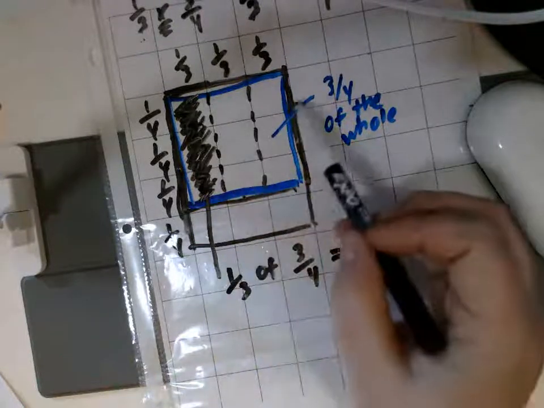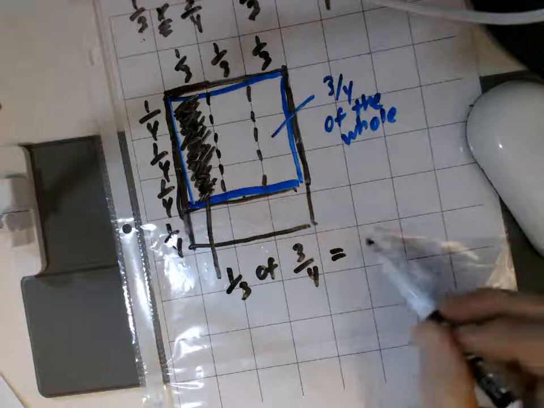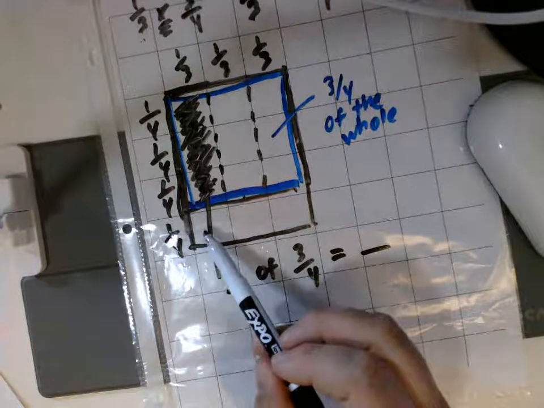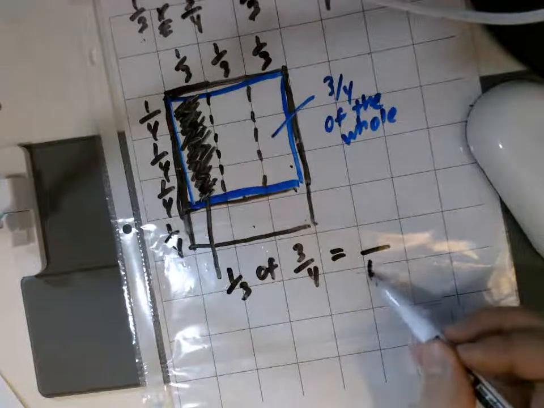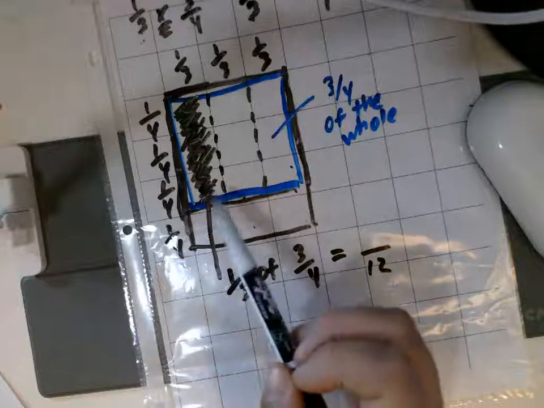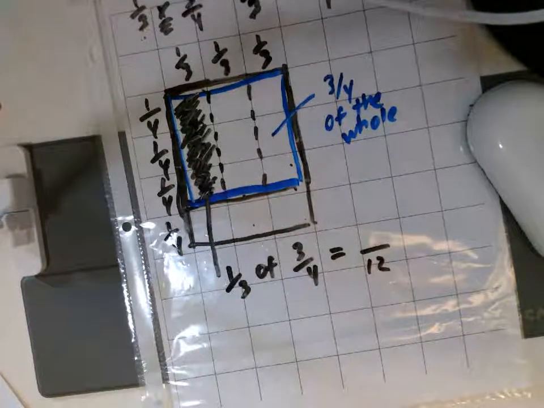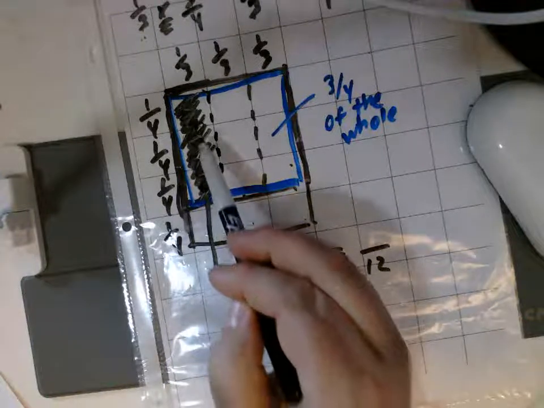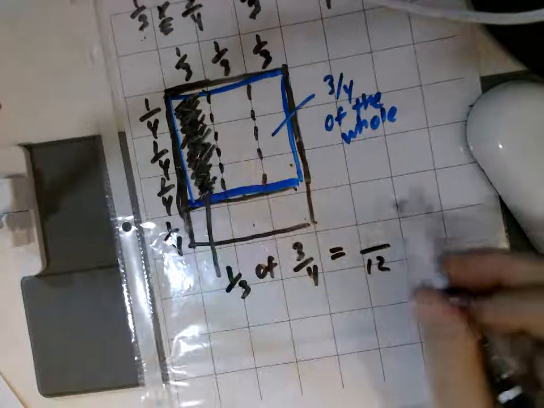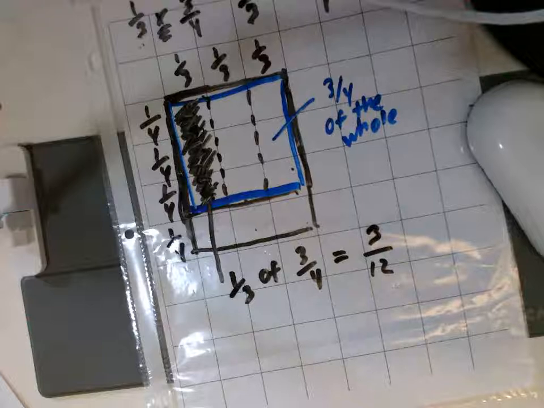First, how many squares are there in the whole? There's 1, 2, 3, 4, 5, 6, 7, 8, 9, 10, 11, 12. So there's 12 in the whole. And this little part right here, 1/3 of 3/4, is 1, 2, 3 shaded squares.